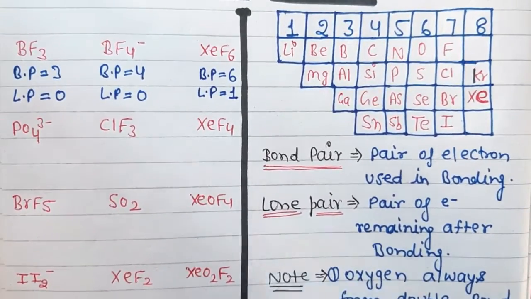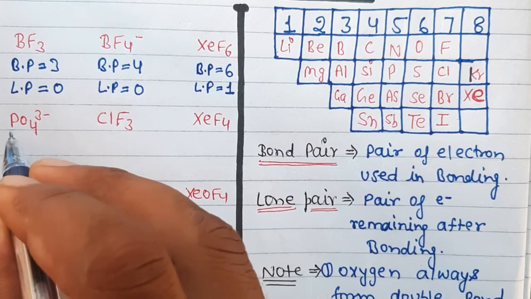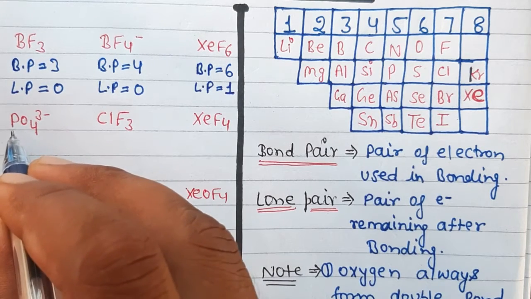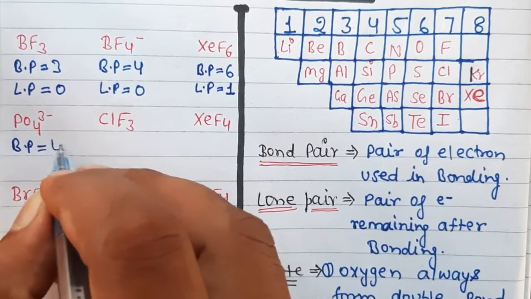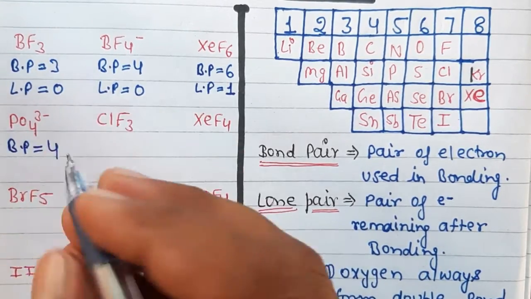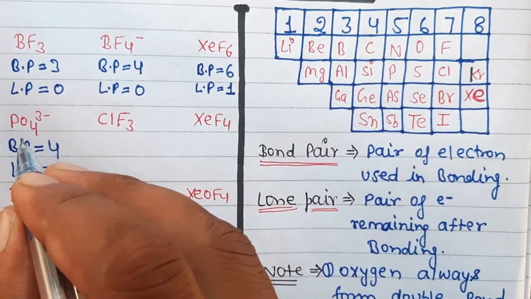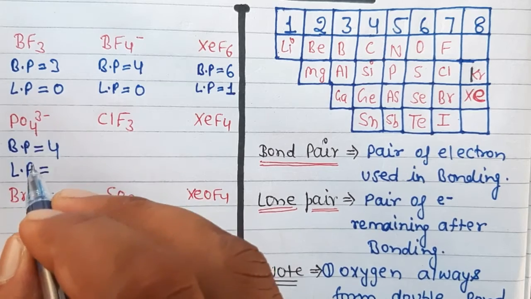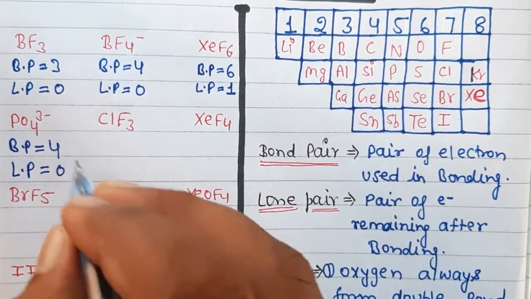So here there are 4 oxygens, so it requires 8 electrons of the central atom, and we have calculated the total number of valence electrons on phosphorus in this example is 8. So the bond pair is 4, the number of surrounding atoms. And the lone pair: because it uses all its electrons with oxygen atoms, there is no remaining electron pair on phosphorus, so the lone pair is 0.